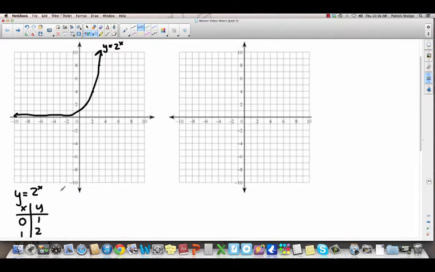Because the inverse is, well, remember how we get the inverse? We switch the x and the y.